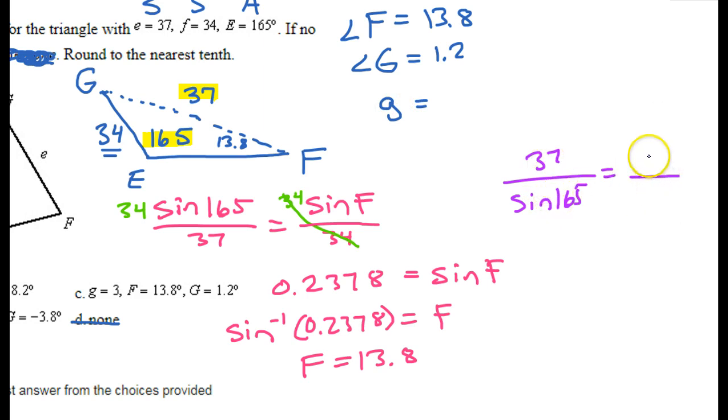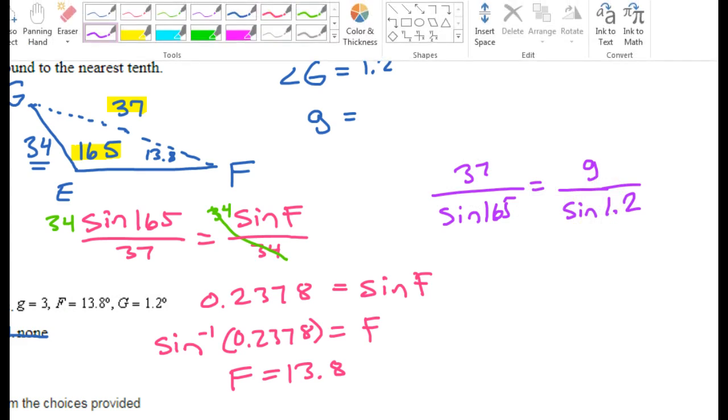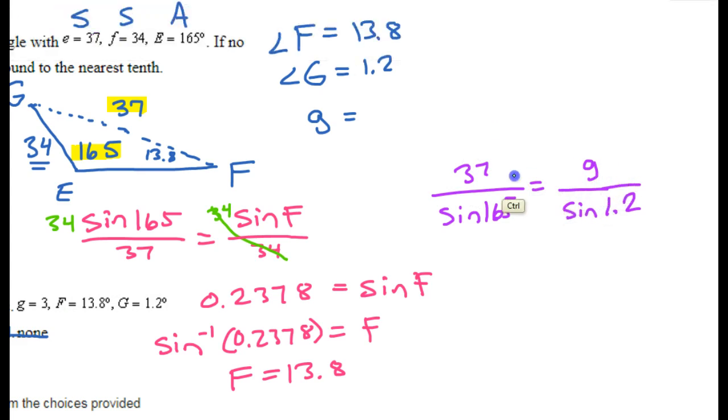And that should equal side G divided by the sine of angle G, which is 1.2. Now I should be able to find side G by multiplying both sides by sine 1.2. That way the sine 1.2 will cancel out, leaving G by itself.